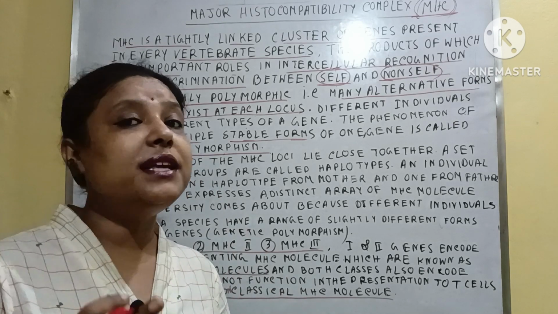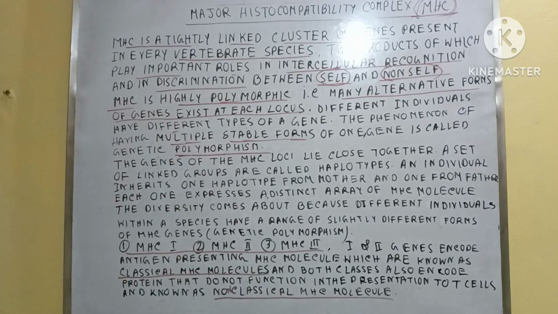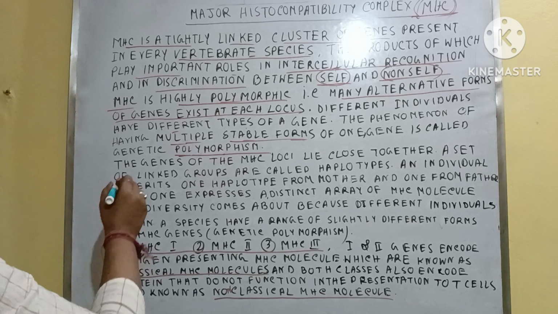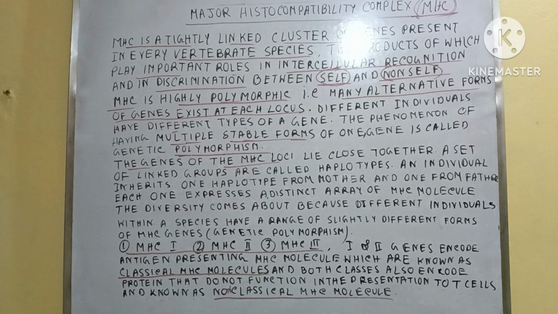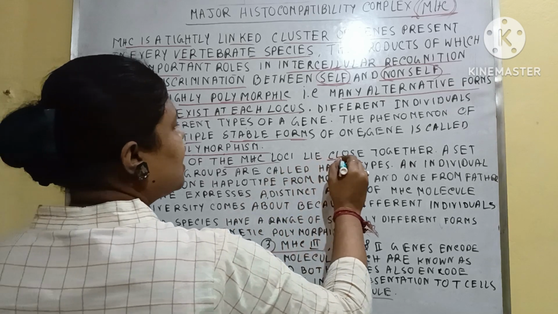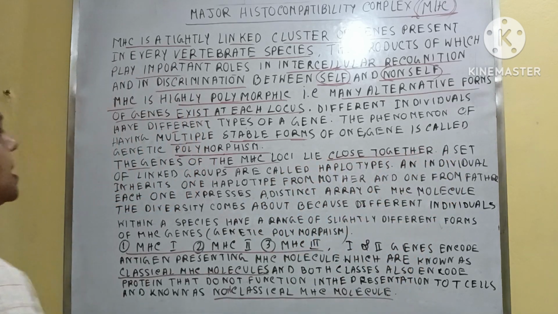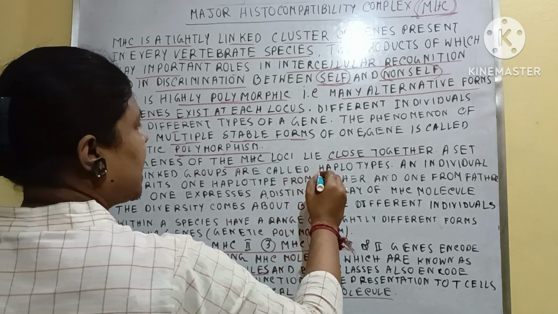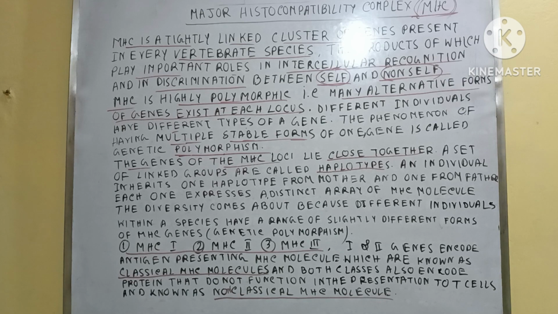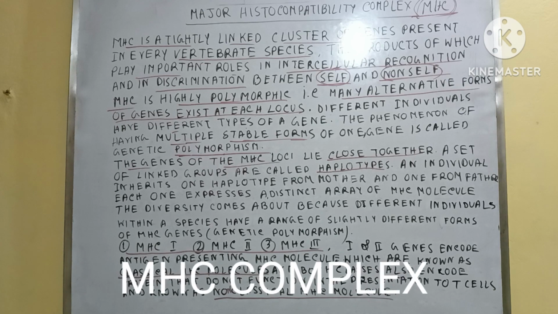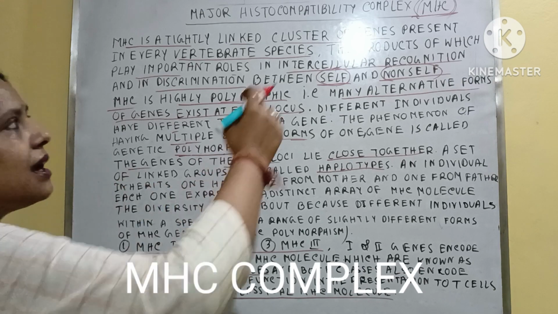MHC is a polymorphic complex. Next, the genes of the MHC loci lie close together, and a set of linked genes is called a haplotype. It is not a single gene present in an individual, and that's why it is called a complex.